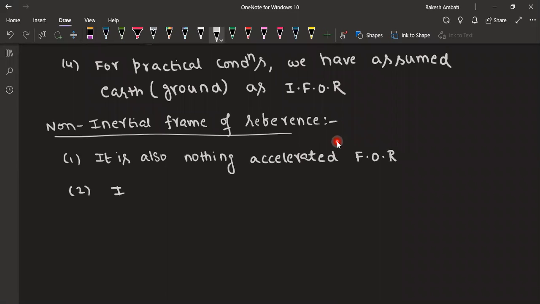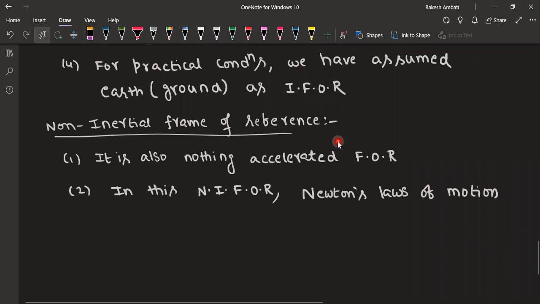Second point, in this non-inertial frame of reference, Newton's laws of motion are not applicable.